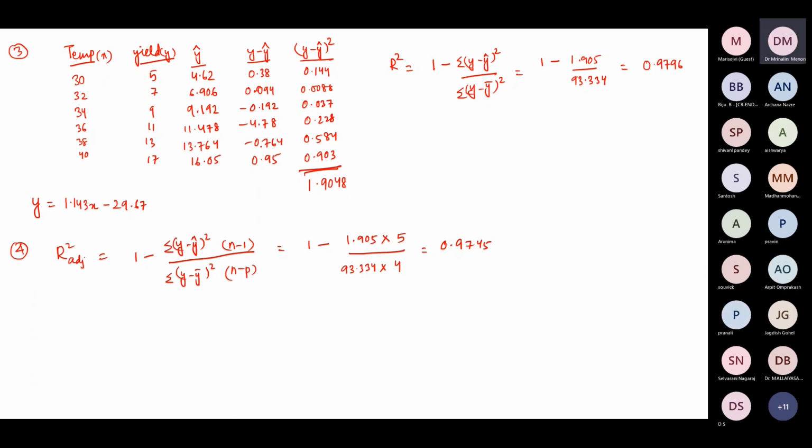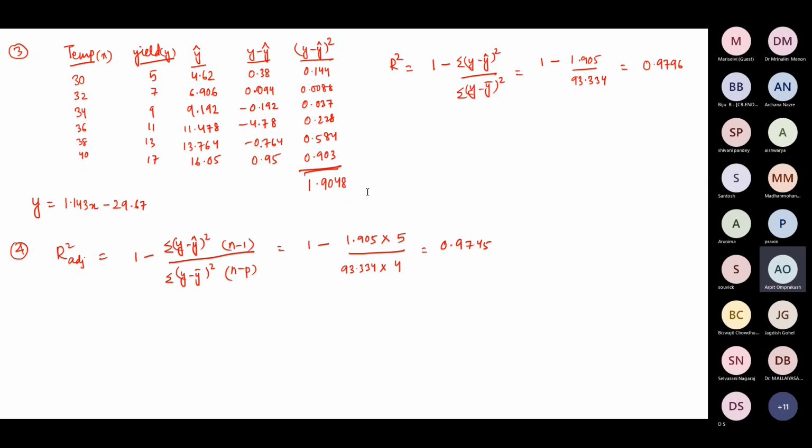For R squared adjusted, the formula is given as 1 minus, within brackets, 1 minus r squared, into n minus 1 in the numerator, divided by n minus p. That and this formula are basically the same. This is just another form of expressing it, and this is the form you should use because it is the form they have used in the solution.